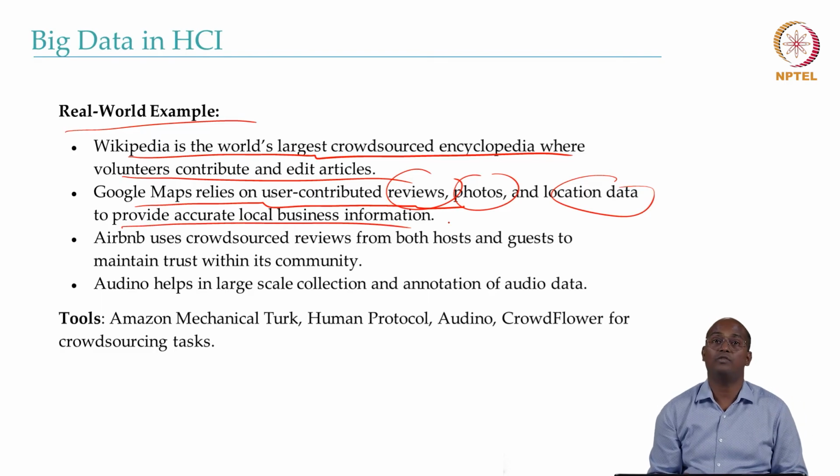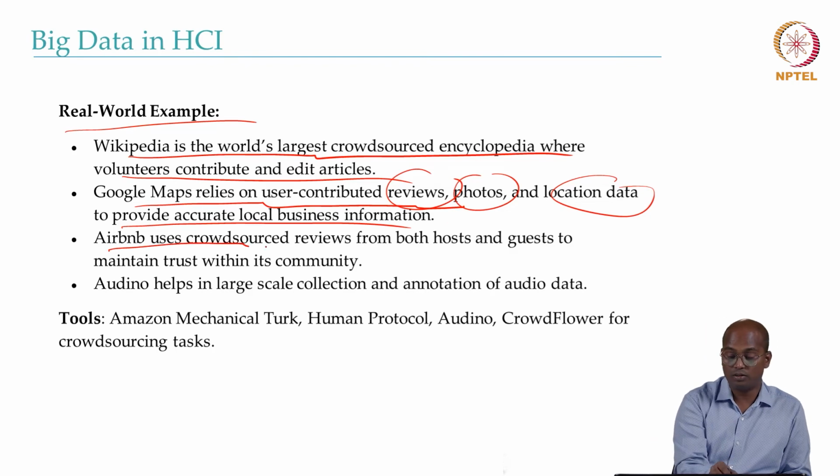Often when you are at some place, you ask what the places to see here are, and you see a lot of recommendations with photos, with attractions, or even reviews. Often we go through the reviews about a restaurant before going there. All those are crowdsourced information.